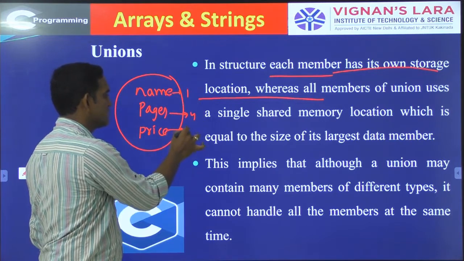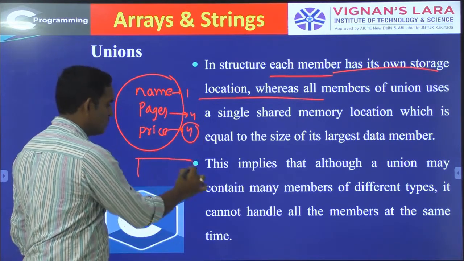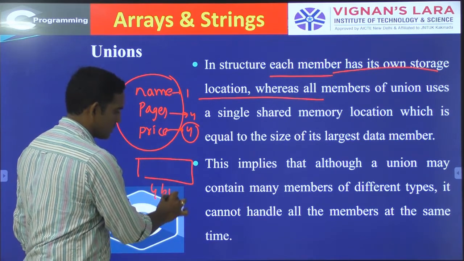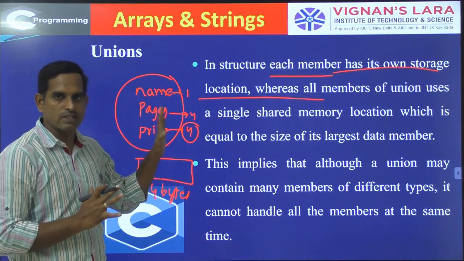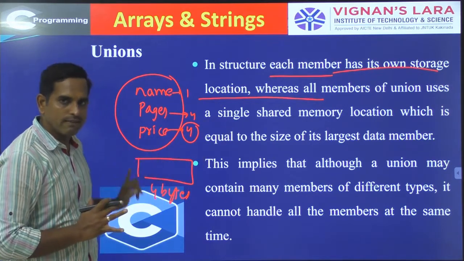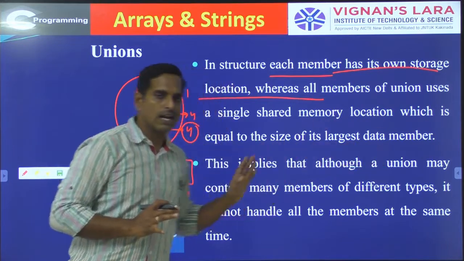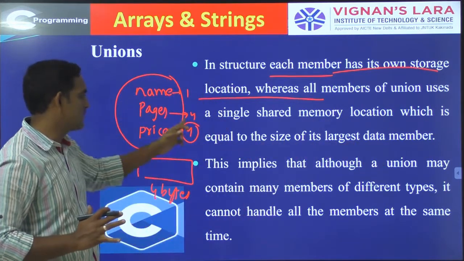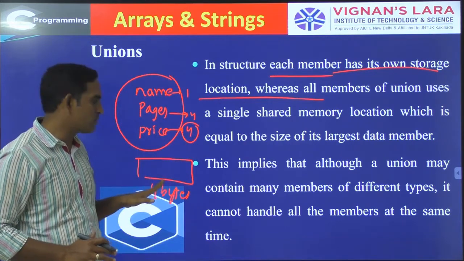This is 1 byte, this is 4 bytes. So the largest is 4 bytes, so we will be having only 4 bytes of memory. You will not be having 9 bytes of memory like your structure. In union, you will be having only 4 bytes of memory, which is equal to the size of your largest data member.